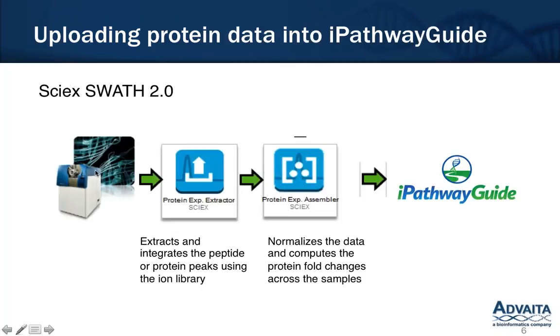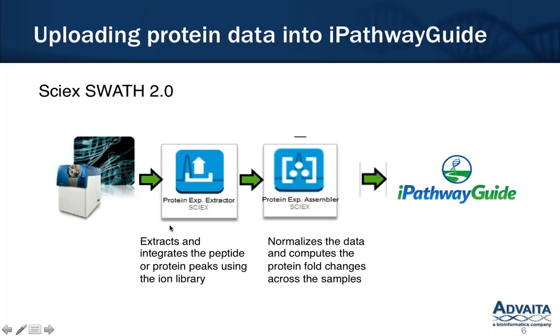So using a SCIEX SWAT spectrometer, after you have gotten your peptide information from there, you can use many different applications, and I have one of the more common workflows listed here, such as the protein expression extractor and the protein expression assembler, and these, I believe, are available on BaseSpace.